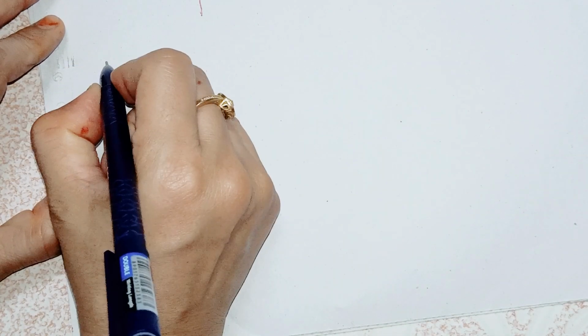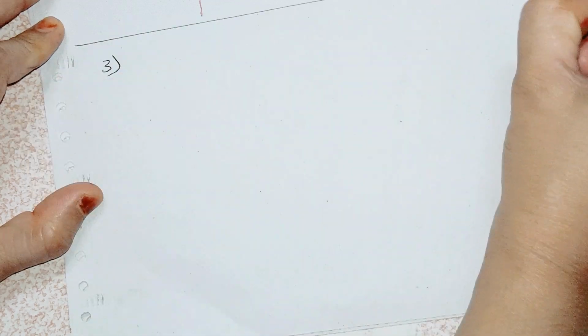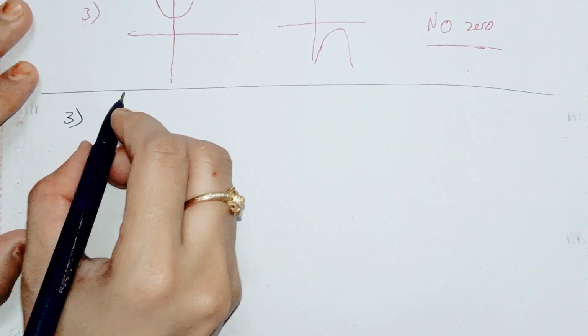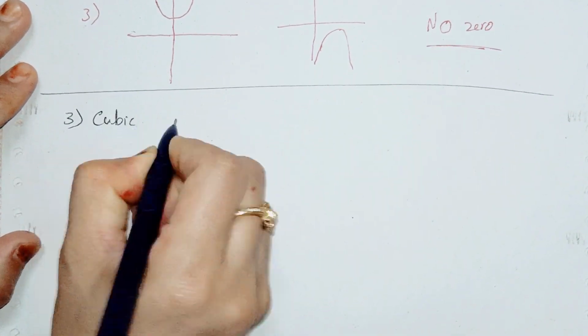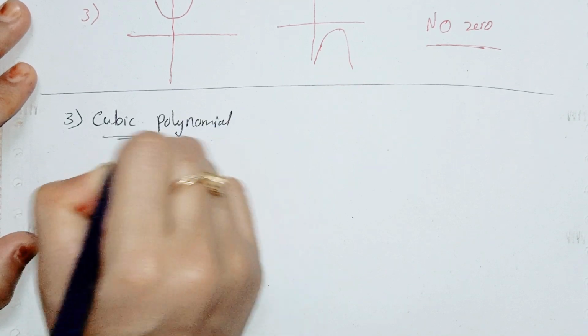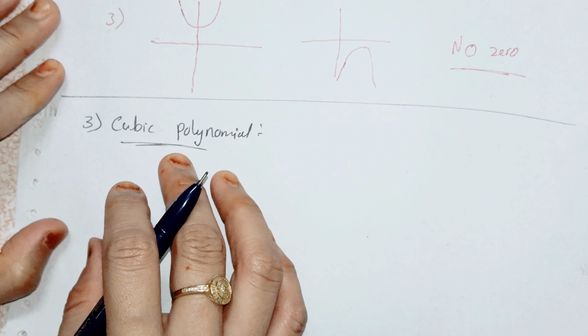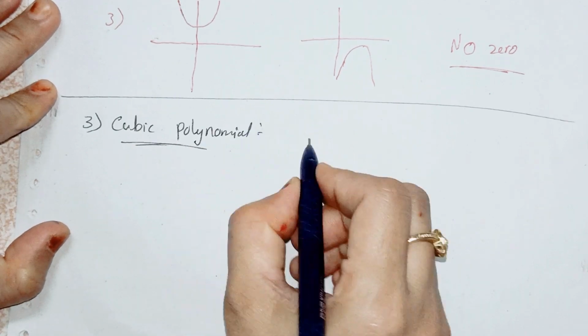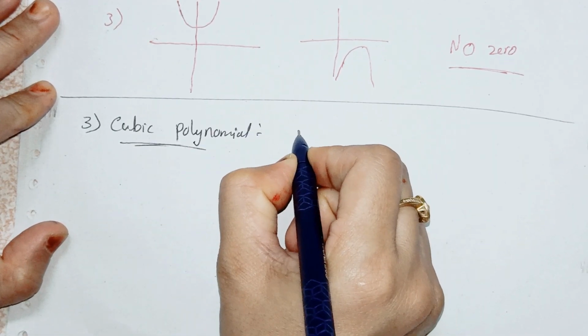Now we'll move to the third one, which is cubic polynomial. What is the general form of a cubic polynomial?